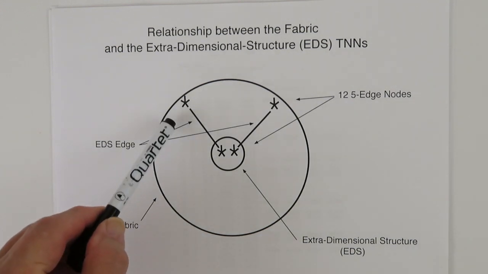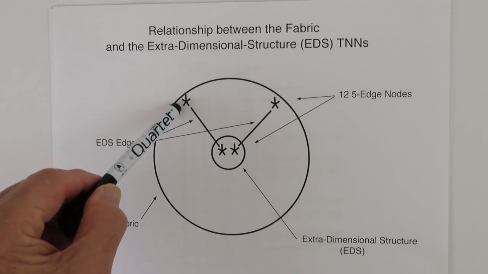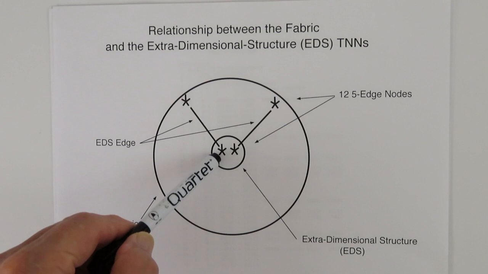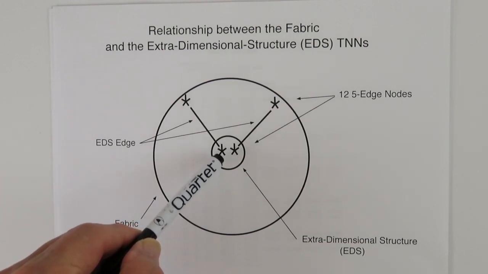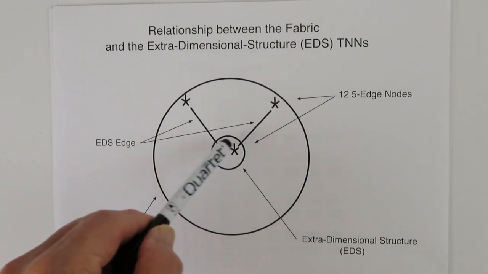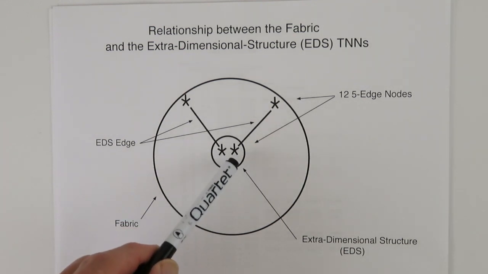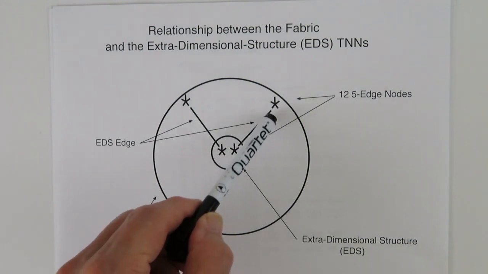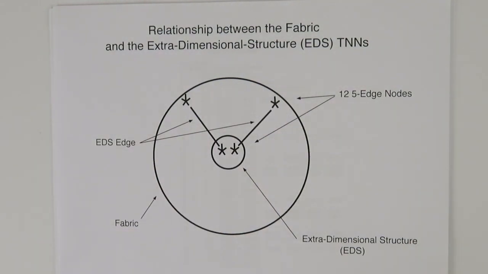So a signal entering from some random place where the 5-edge node happens to be on the fabric will come down into the EDS structure, where, because it's a triangular neighborhood network, signals will flow in a conventional fashion here, and then for some reason or other the signal may leave the EDS and go back along the EDS edge to this particular 5-edge node.